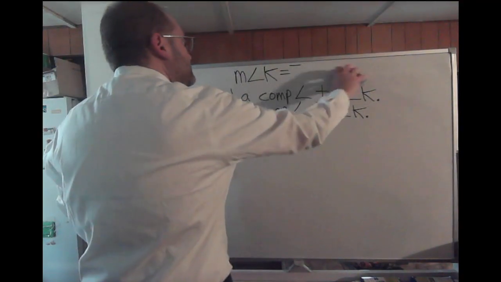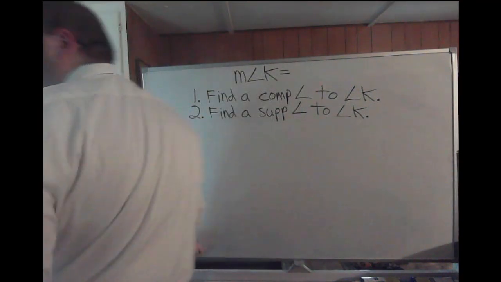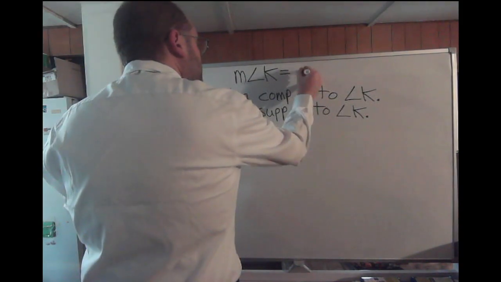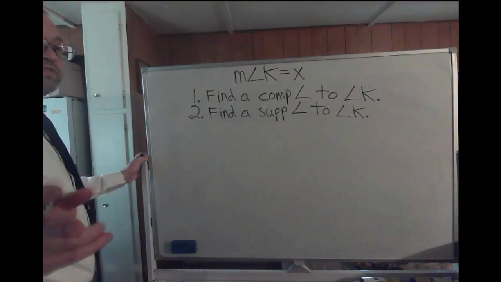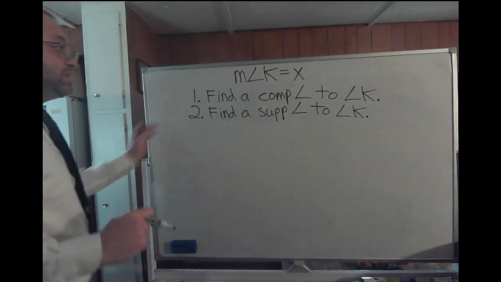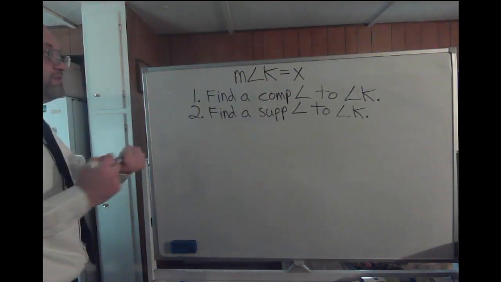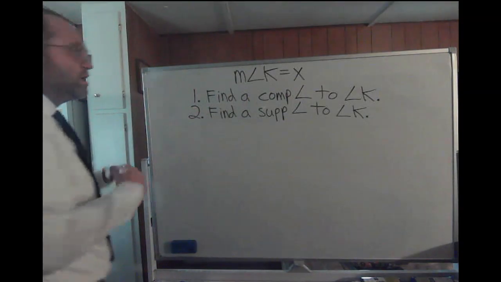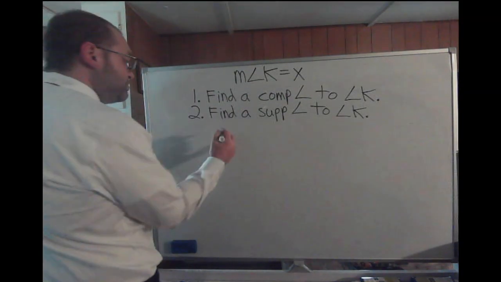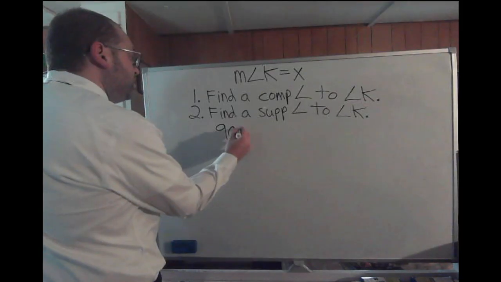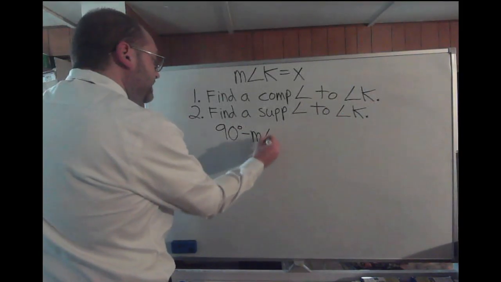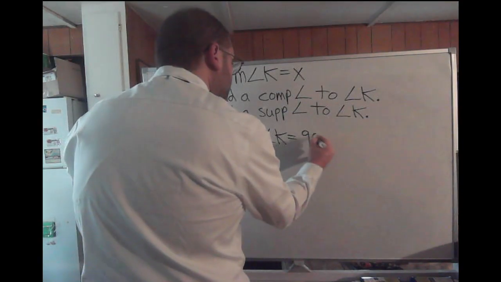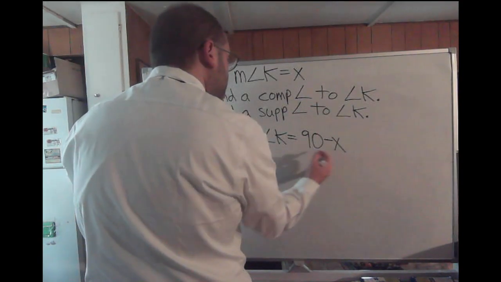Now this time it's a little bit different. Measure of angle K is equal to x. So don't panic because there's a variable thrown in. Measure of angle K equals x. We don't even have a clue what angle K itself equals. It just equals a variable. No matter. To find the complement, you're just going to take 90 degrees minus the measure of angle K like we've been doing, which means you would simply get 90 minus x.